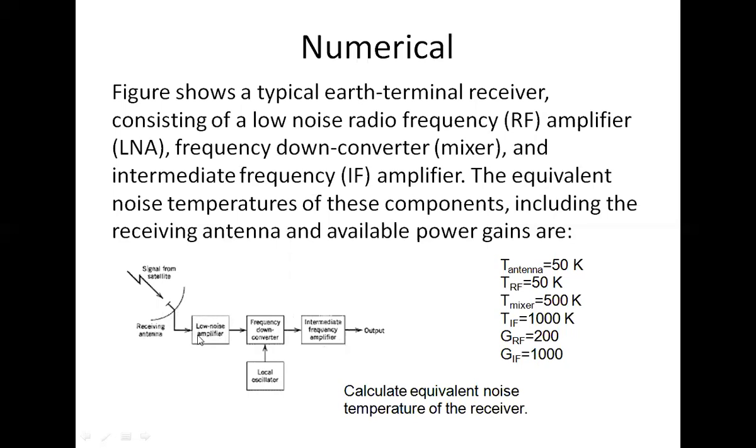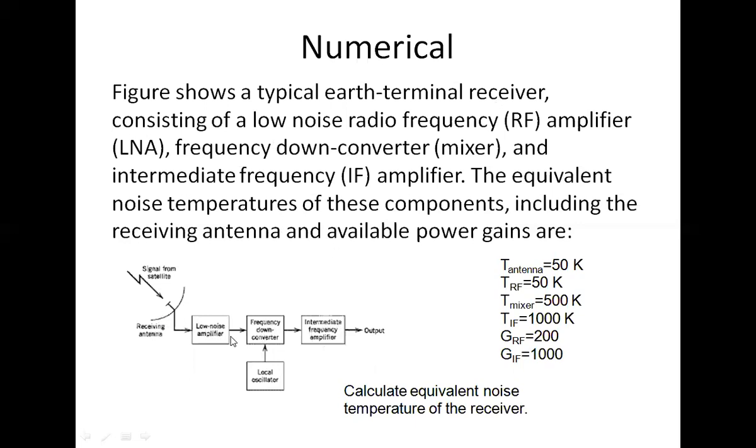Next we have an RF amplifier, a mixer, and an IF amplifier, then the output. This is basically a receiver part. So the figure shows a typical earth terminal receiver consisting of a low noise radio frequency amplifier, an RF amplifier, and a frequency down converter, which is a mixer, and an intermediate frequency IF amplifier.